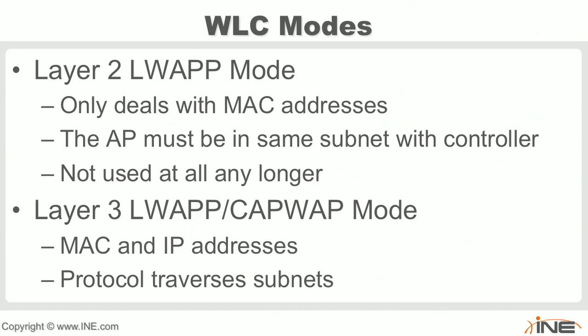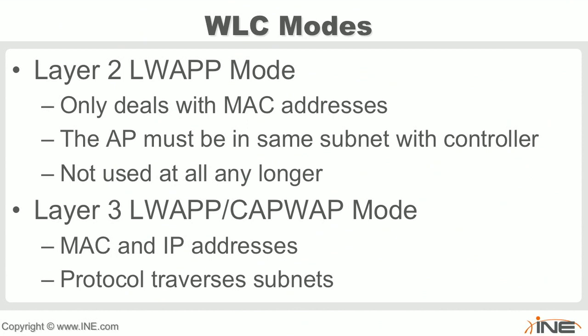Nobody uses this anymore. It's not to say that we couldn't place a controller in the same VLAN, but a lot of times it's not. What most people use is the layer 3 CAPWAP mode.